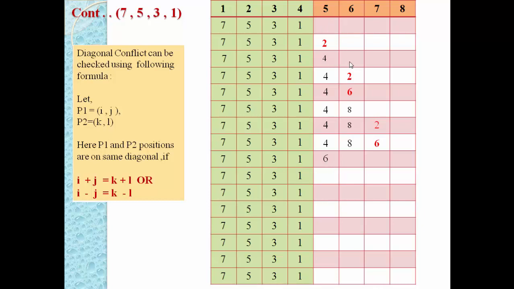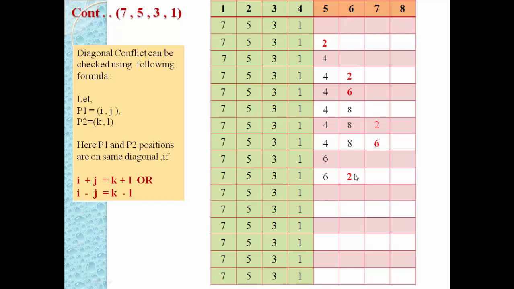Now we need to identify the position of our 6th queen. When we identify the position of our 6th queen, we need to check on which column we can place our 6th queen, because it will be on our 6th row. We cannot place on our first column because first is already occupied. So we can check with the second column. Once we place on the second column, then just check whether it is on same diagonal with all these 5 queens or not.